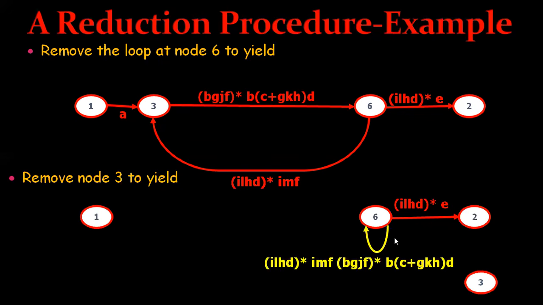So here two things. One is a self loop by removing this node 3. So that self loop is ILHD star IMF into BGJF star into B of C plus K, C plus GKH into D. This one. And the other thing is this one.